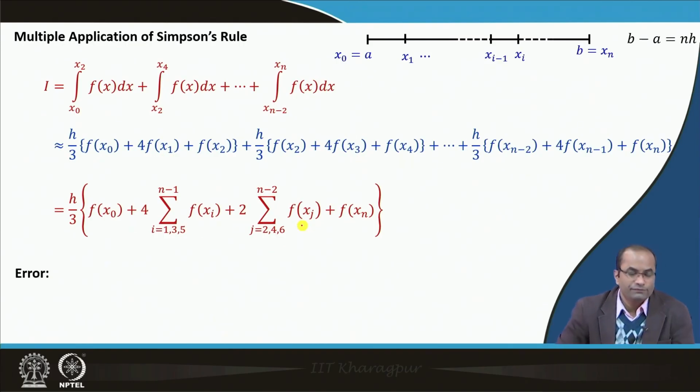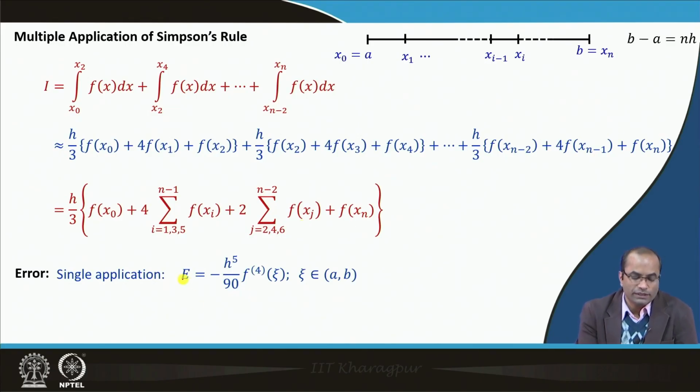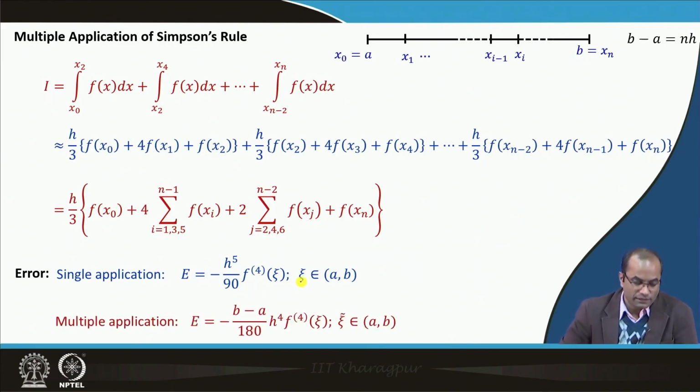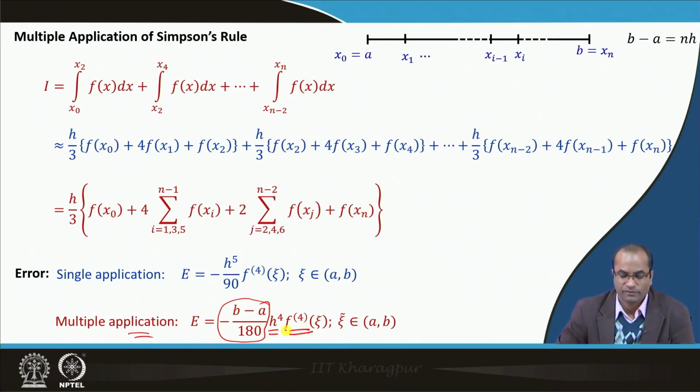Well, if we compute the error, we are not showing all the steps, but what comes out in this case, the error term in the single application will contain this h^5 and the fourth order derivative at this xi between the given interval, and in the multiple application we have this (b minus a) over 180, h to the power 4, and this f, the fourth order derivative at this xi.